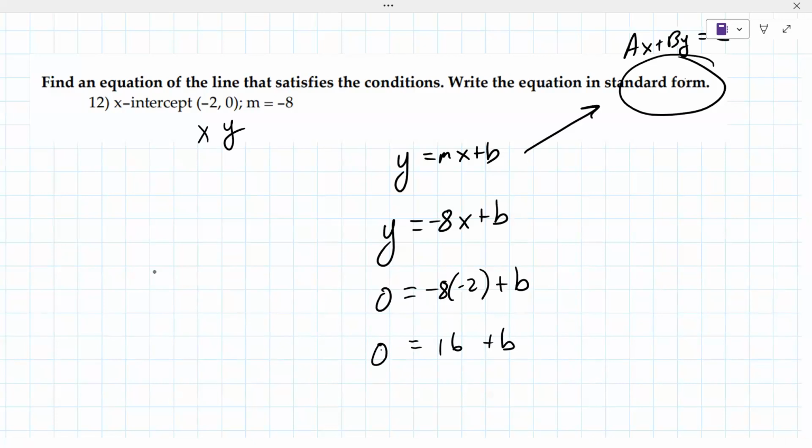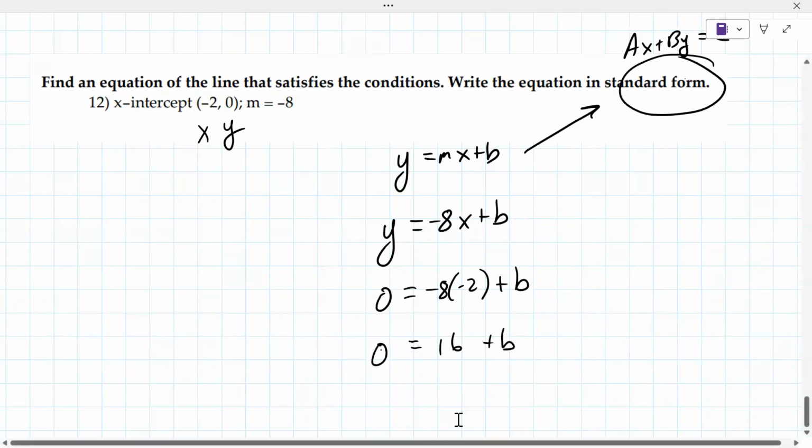Is that what we did in the previous problem? How do we move this 16 to the other side of the equation?